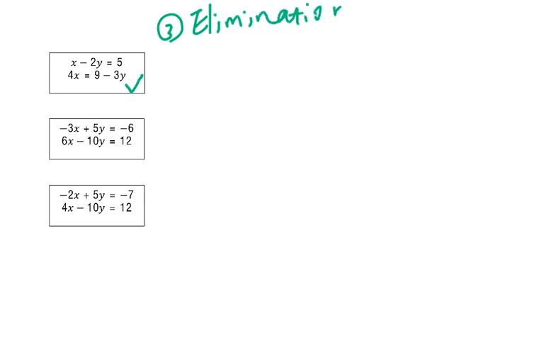For the elimination, you have to make sure it's standard form. The first one is already standard form, so I write this down. The second one is not. I have to move negative 3y to the left side. I got 4x plus 3y equals 9.